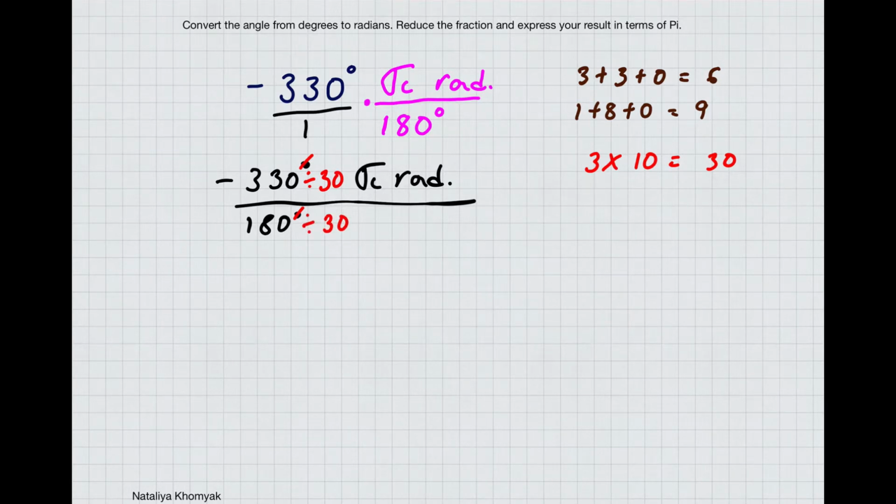That's a shortcut, but you can always reduce by 10 and then reduce by 3 as a second step. As a result, we will have negative 330 divided by 30 is equal to 11 pi radians, or just pi, out of 180 divided by 30 is 6.